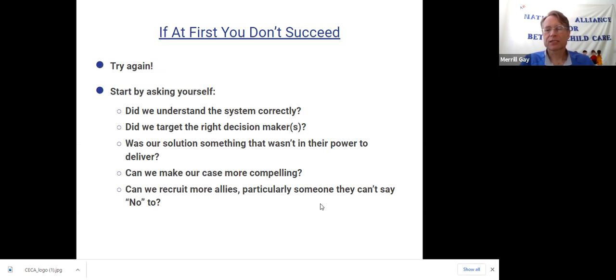This is kind of a cycle of, I have a problem. Are there other people who experience this problem too? Can I get them on my side? Because I will have more power. Okay, now who's got the power to change this? Okay, what's the system that they use? Is this the superintendent's decision? Is this the mayor's decision?